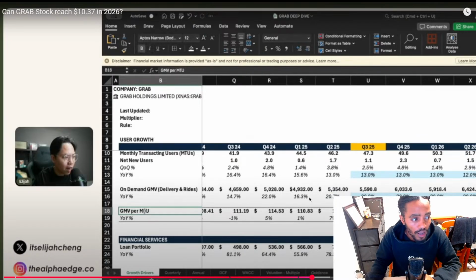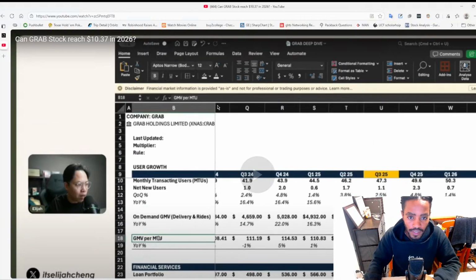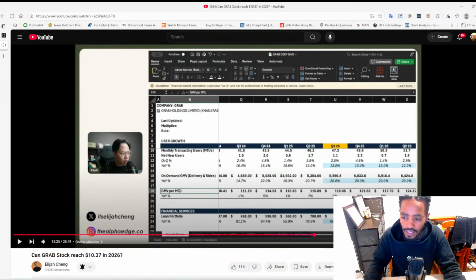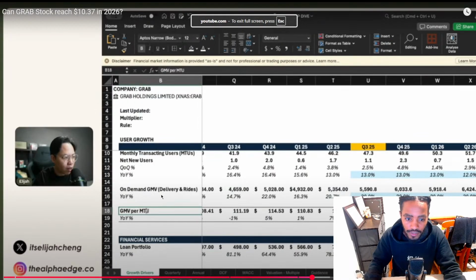I think we even got more evidence that their competition GoTo got even more financing because they're probably losing customers. They're in bad light right now. So yeah, I think that these delivery and ride numbers are just going to keep going up.